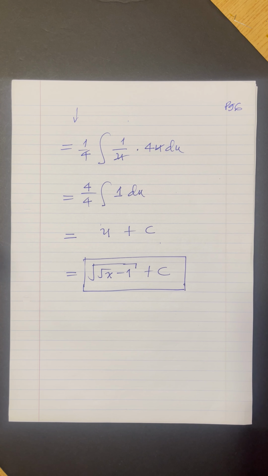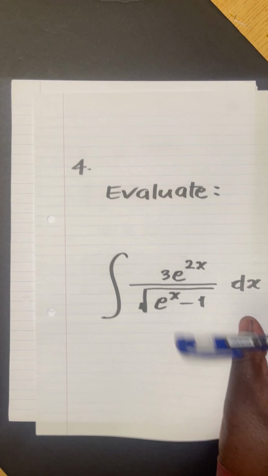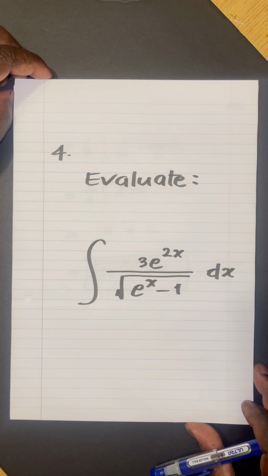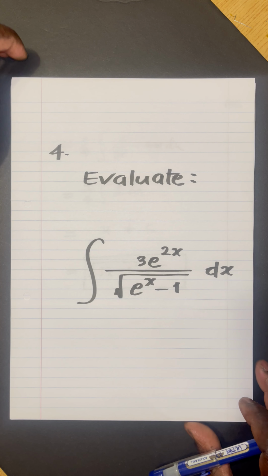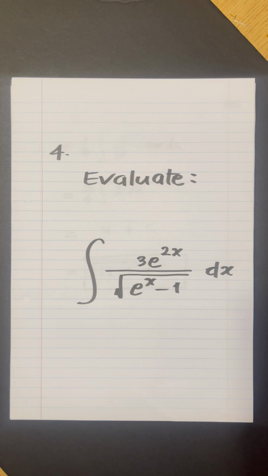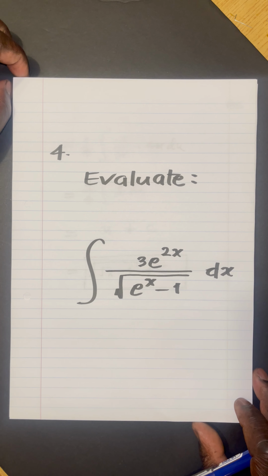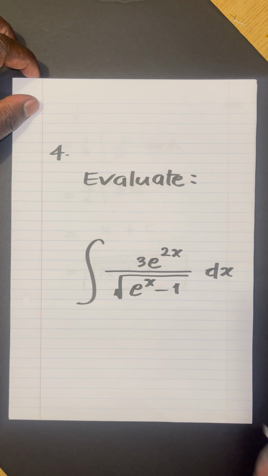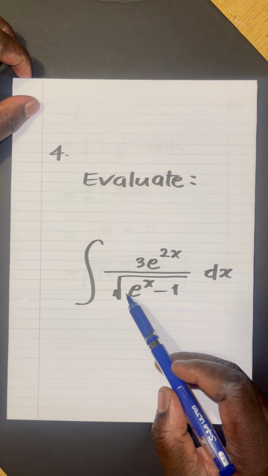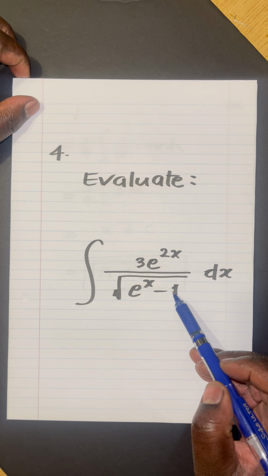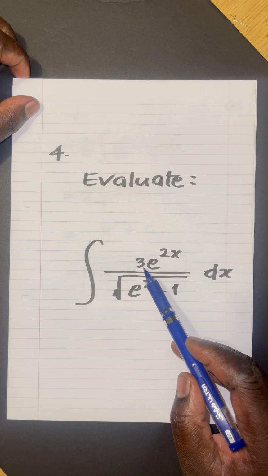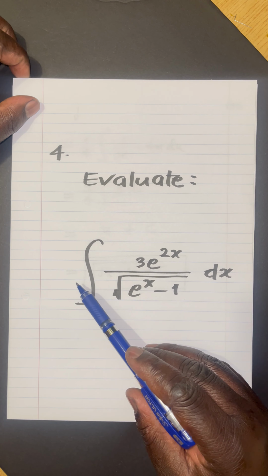The fourth integral I have for you is this one here. Moving to the e world now, not looking very nice, I must say. So how do we go about this? Well, when we look at the expression under the square sign, we have e to the power x minus 1. In the numerator, I have 3, which is a constant. I can take it out.